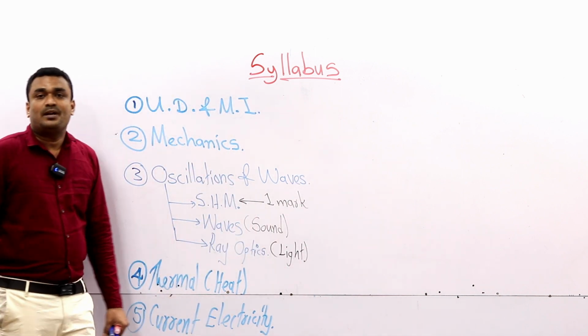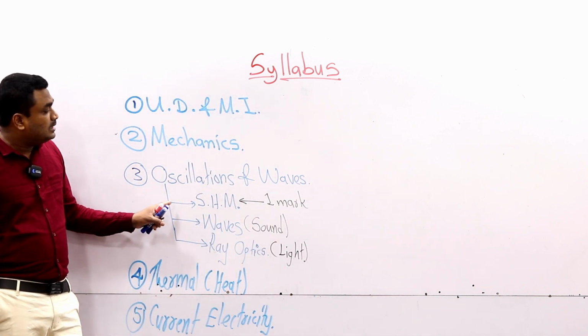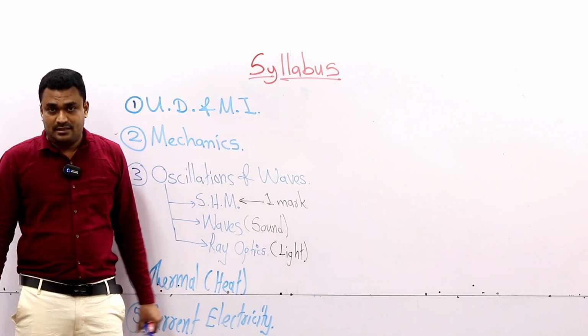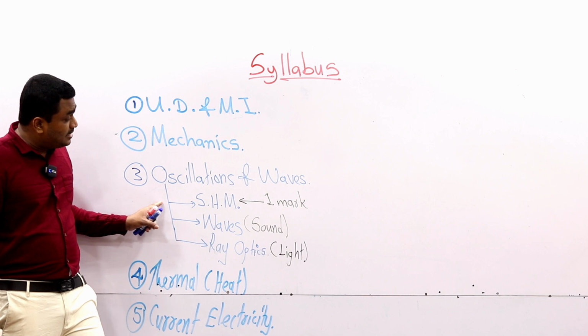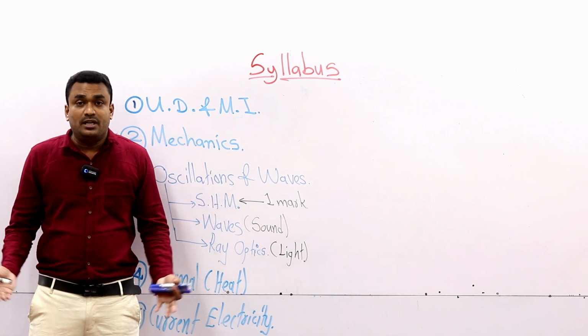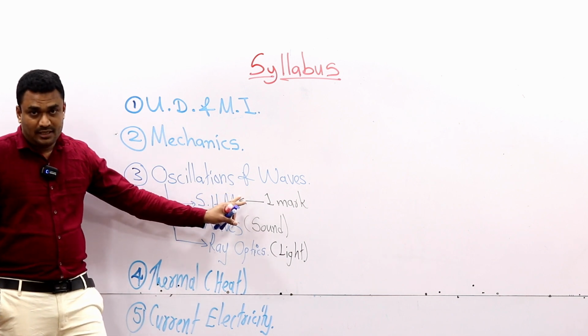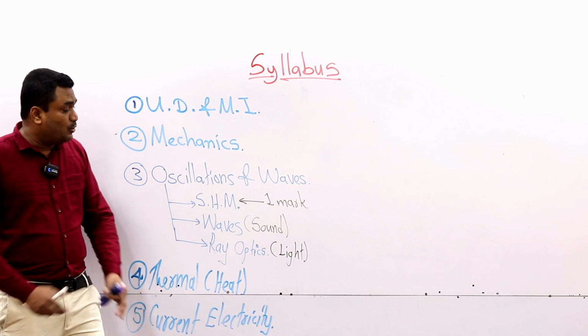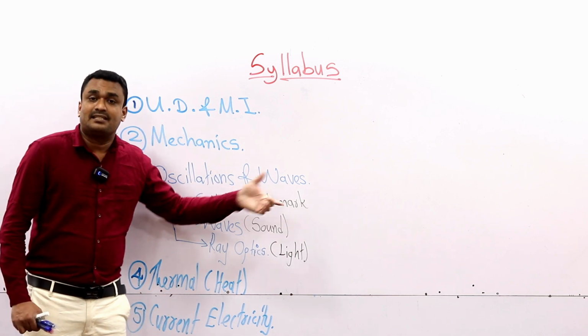So if you try to answer hundreds of questions for simple harmonic motion, if you use 2-3 months to learn this, you are wasting your time. This is just a 1 mark lesson. Therefore, no need to work too much for this lesson.